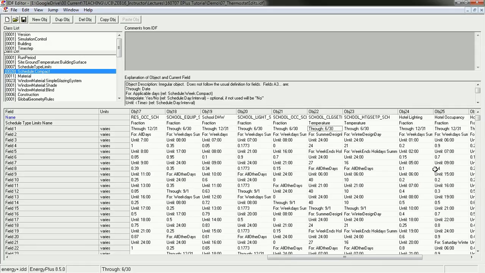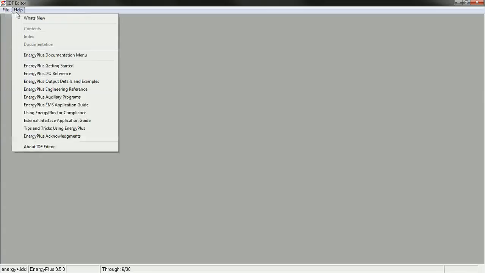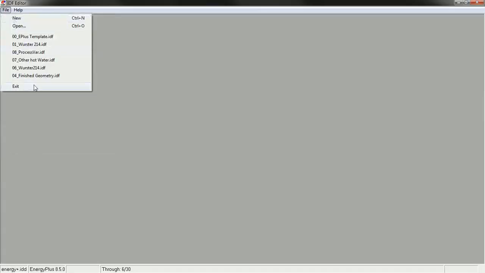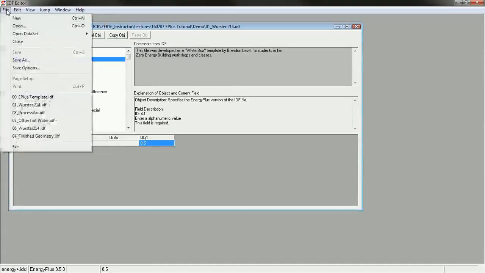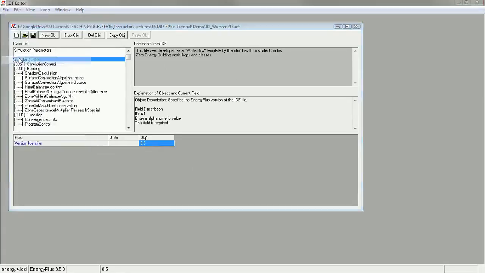So I'm going to go back to the IDF editor. I'm not going to use my thermostat edits. I'm going to open my base file, which is here, Worcester 214. And I'm going to save this in a different folder.